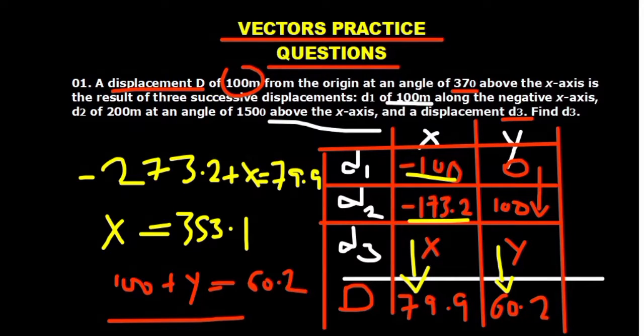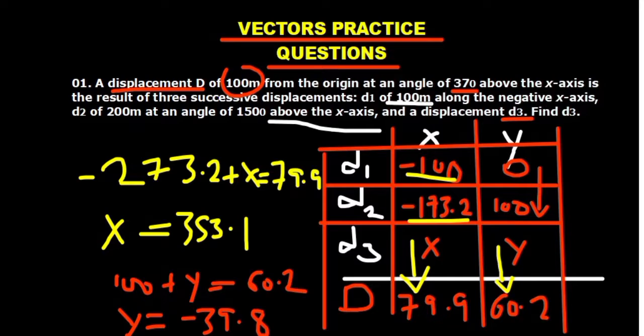So after subtracting 100 from 60.2, our y becomes 60.2 minus 100, which is negative 39.8.